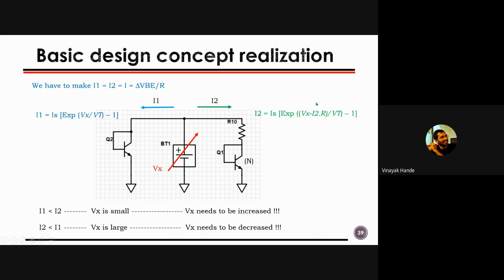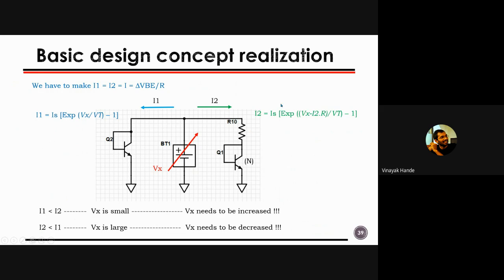From this equation also you can figure that out. And when Vx is large, then I2 is smaller, I1 is large. If Vx is large, it has some drop across this, that is I2 into R, right? Here we don't have any drop, so if Vx is very, very large, then definitely I1 will be larger than I2.